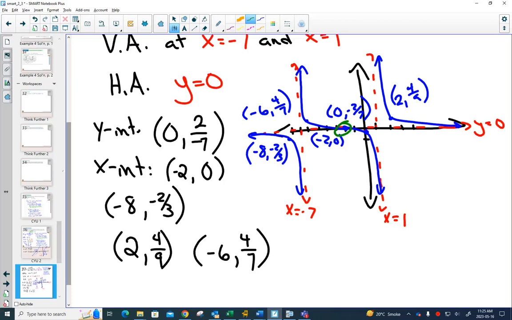Part of the reason it goes straight through is if you think about that x-intercept and you think about our first unit, would you agree that that x-intercept had a multiplicity of 1? And if an x-intercept has a multiplicity of 1, it needs to go through that x-intercept instead of bounce. So we can use some of our knowledge from the previous unit to figure out what's going to happen.